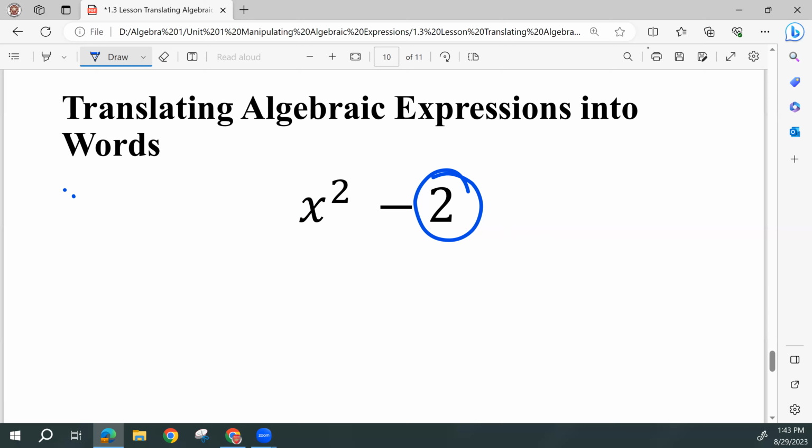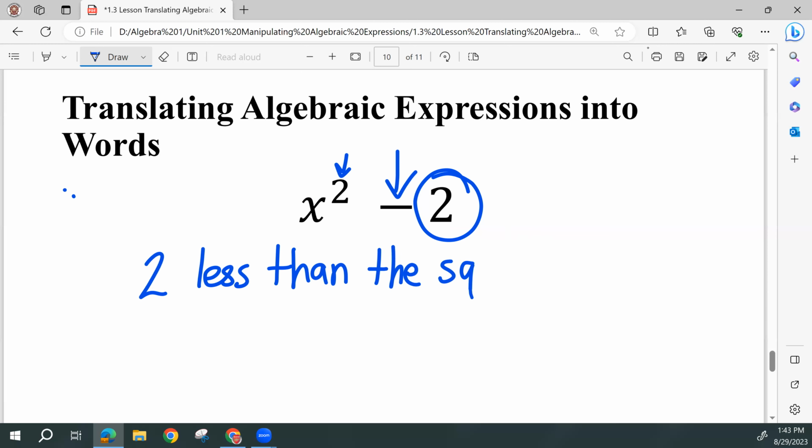I'm going to say 2 less than is our minus, our turnaround. 2 less than, I'm going to say that's a square. So 2 less than the square, because that's x squared. 2 less than the square, and then of course of a number.